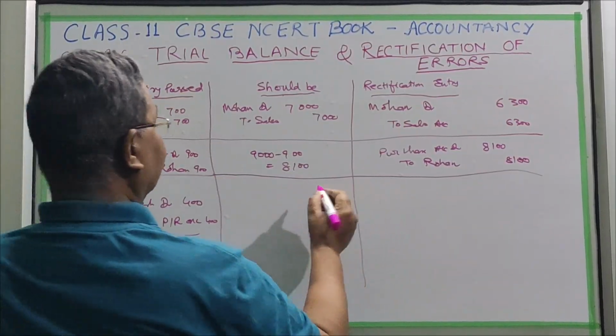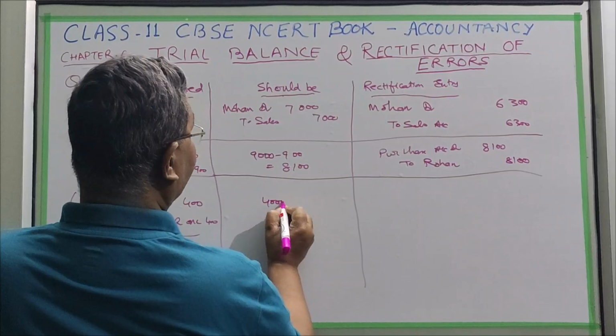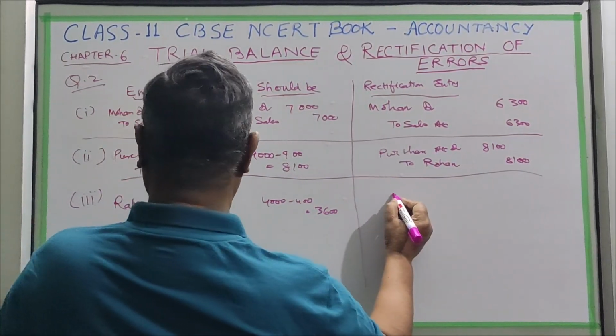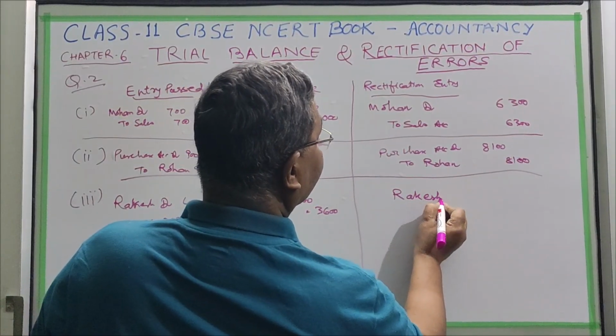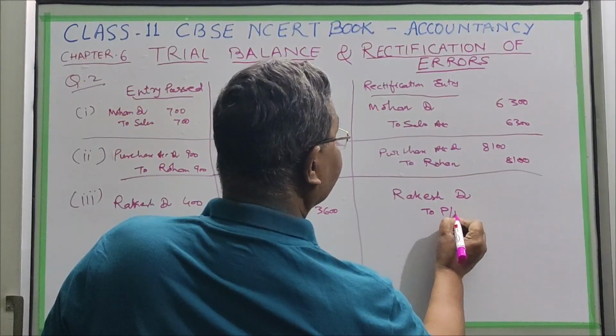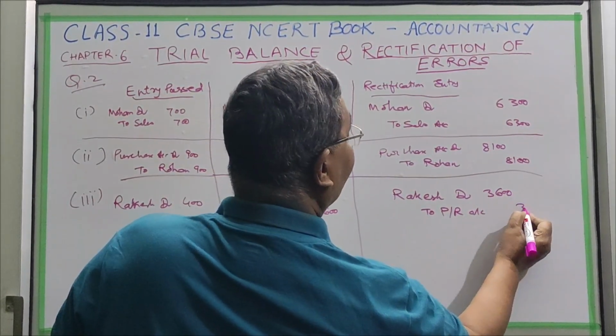And what entry? So here it should have been 4,000, you have done 400. So 3,600 entry you make. Rakesh debit to purchase return account 3,600. Okay.